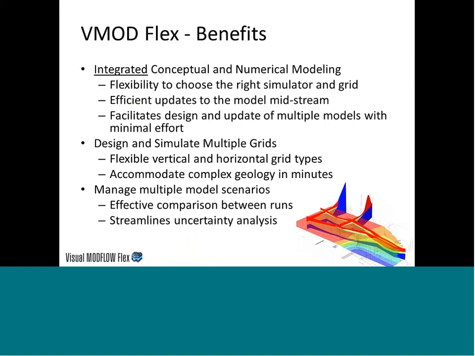And lastly, you can manage multiple model scenarios, change different input parameters, compare steady state to transient runs, make comparisons between the outputs for the different files so you can calculate differences between heads and drawdowns from different runs. And this allows you to streamline the uncertainty analysis.